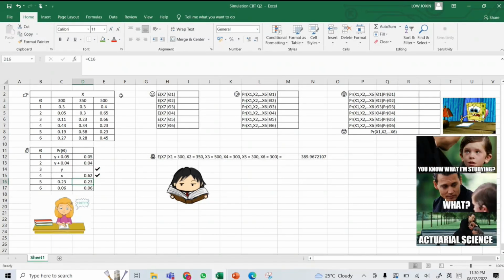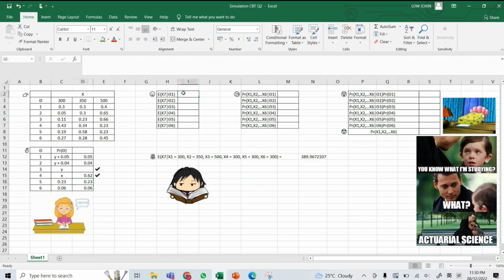Alright, so now we come to here, we are going to find the expected value of x7 given theta equals 1 until 6. The expected value of x7 given theta is actually just the expected value of x given theta.